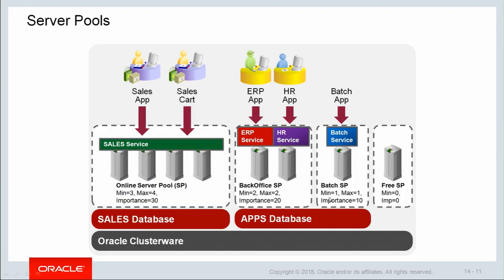And the batch server pool has enough servers. Then we check the maximum size. It is already maxed out, already maxed out, already maxed out. So we still have one unassigned server. But suppose our maximum size of the online server pool is 5, for example. Then we can add one more server, so the newly added server can be assigned to the online server pool.